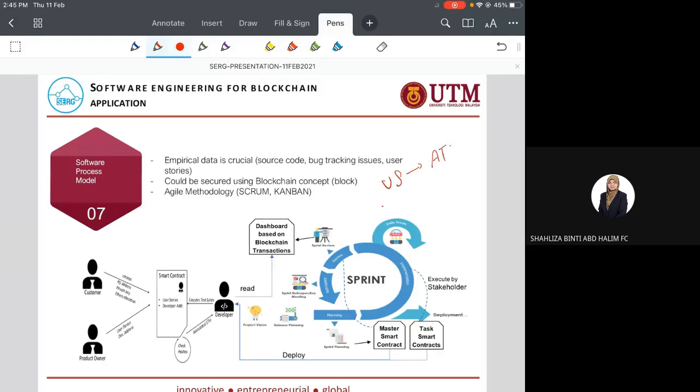For every feature you develop the user stories, and when we do the sprint review with the stakeholder, the stakeholder must do the acceptance test during the sprint review.